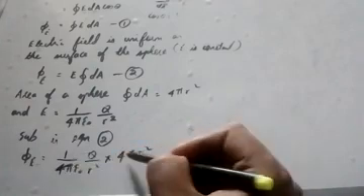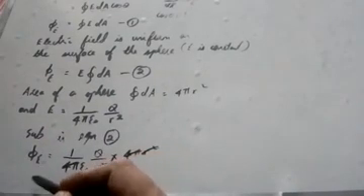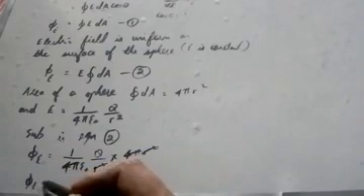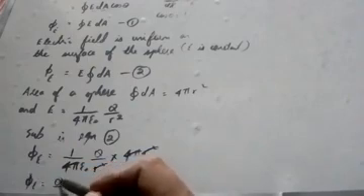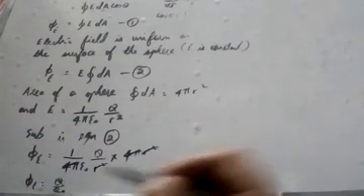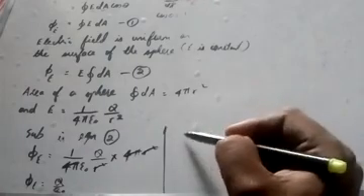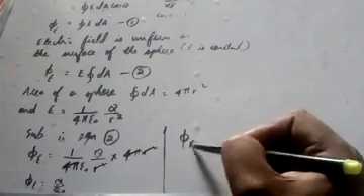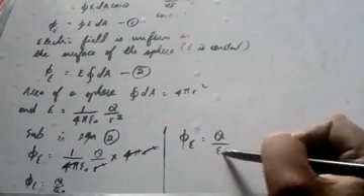Now 4 pi cancels, R square and R square cancel. So we are left with phi E is equal to Q by epsilon naught. Okay. It's not so clear here, I'll write this side.